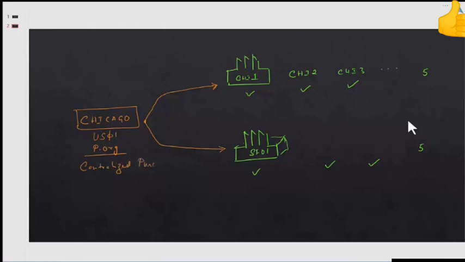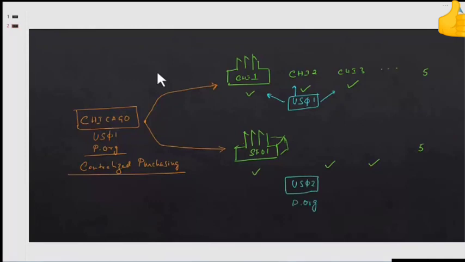Centralized purchasing. As opposed to what? You could do something like this. You could have one purchase org US 01 to cater to the needs of all the Chicago plant purchasing, and you could have US 02, another purchase org responsible for procuring for all the San Francisco plants.